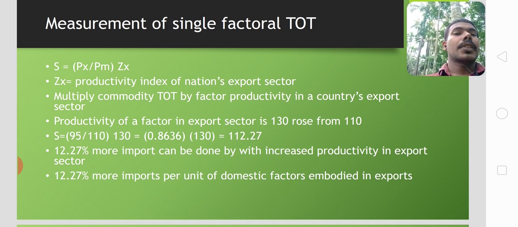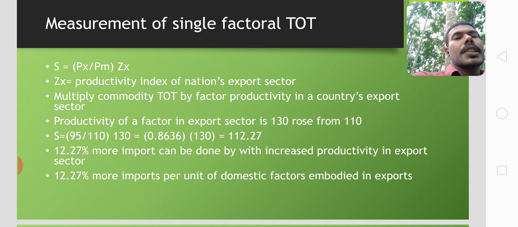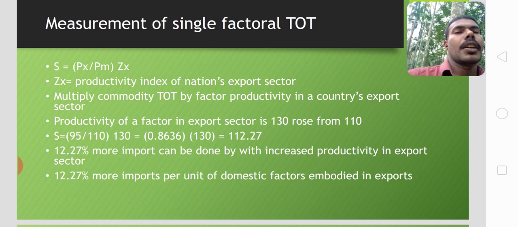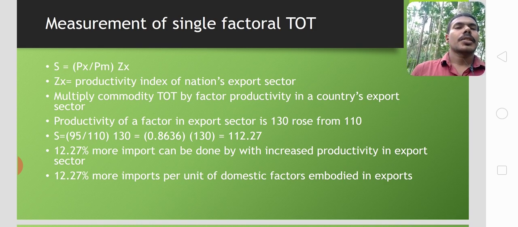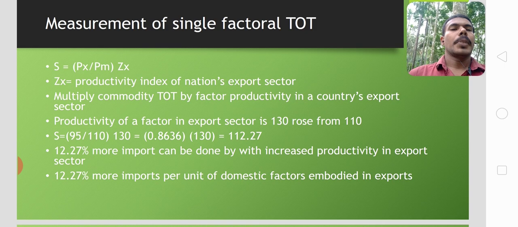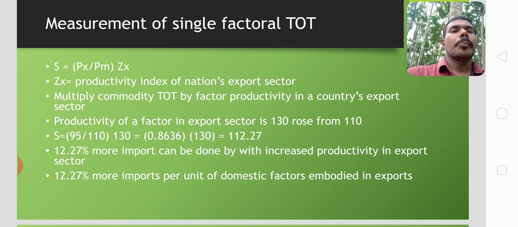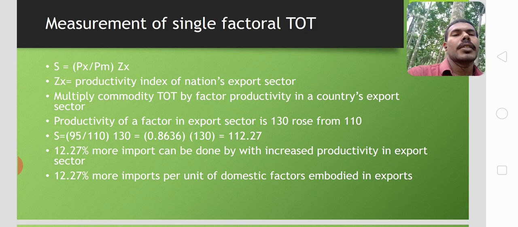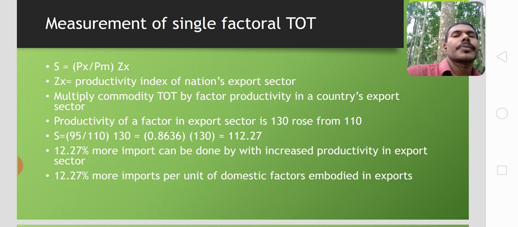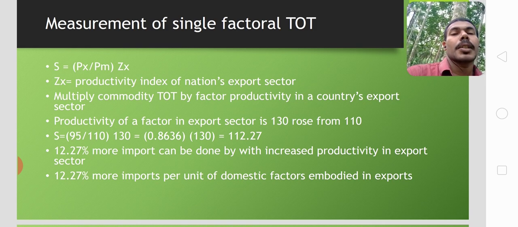As per the theoretical view, if terms of trade is more than 100% for a nation, then the nation's terms of trade is better off. It has improved by 12.27%.